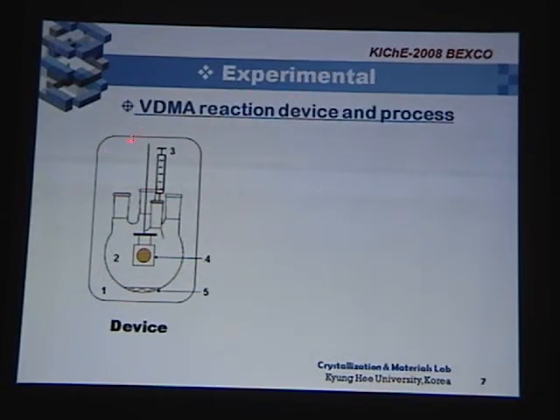This shows a VDMA reaction device. This is the Chiral Selector modified sensor. It was placed in a reaction chamber, which was located in a constant temperature oven. And this represents the reaction solution, which in our experiment is L-mandelic acid solution or D-mandelic acid solution.